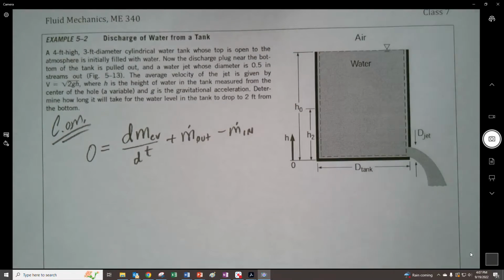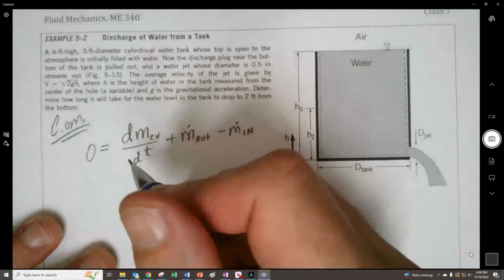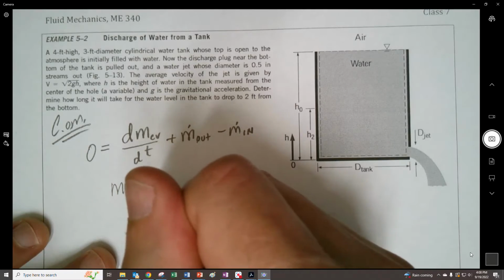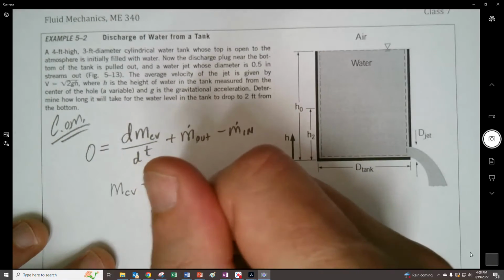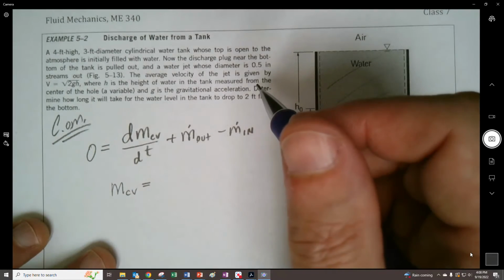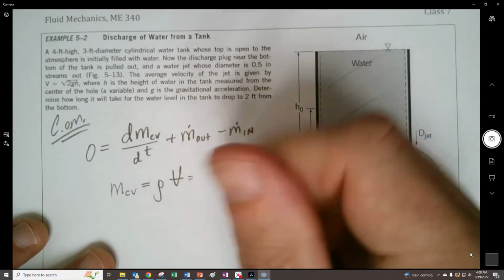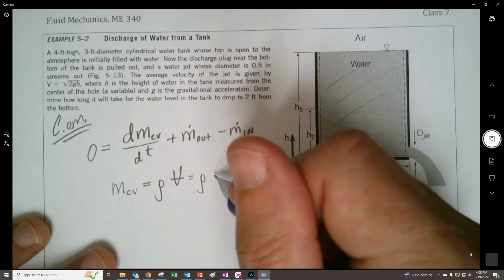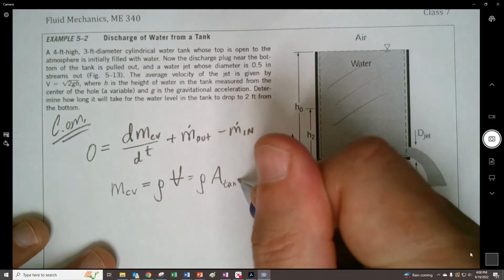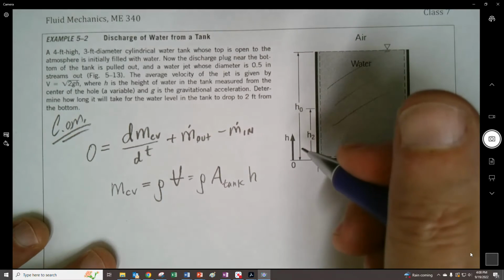So let's take a look at the various parts of this. First off, I'm going to start out with the mass within the control volume, right? The total mass in the control volume would be the density times the volume, so that would be the density times the area of the tank, times h.